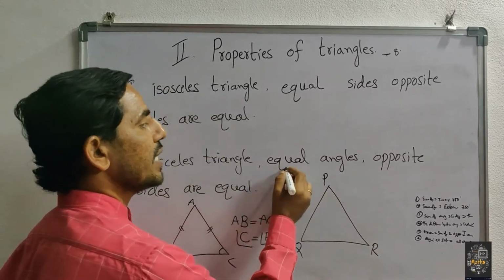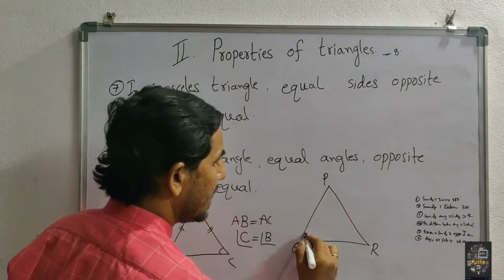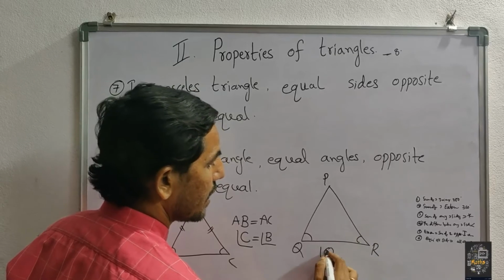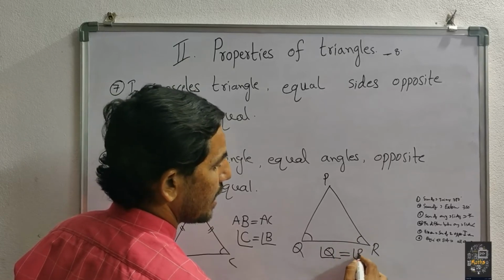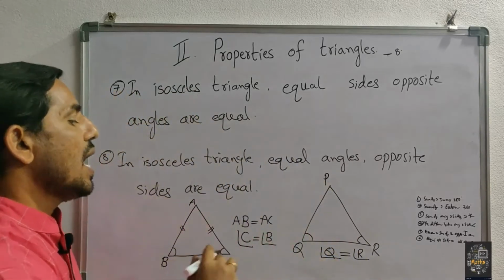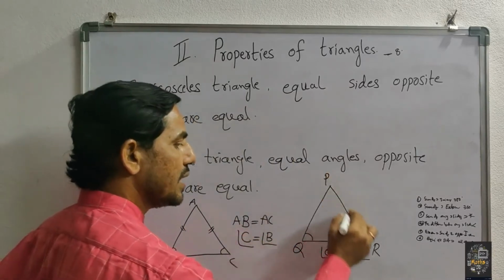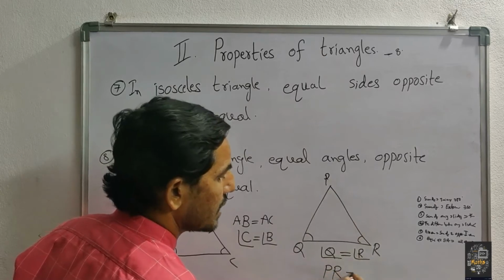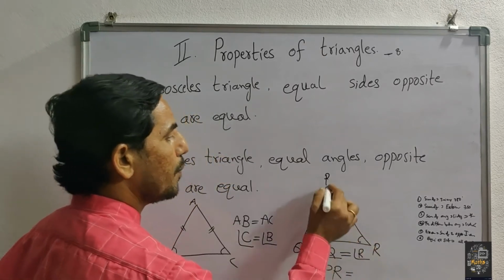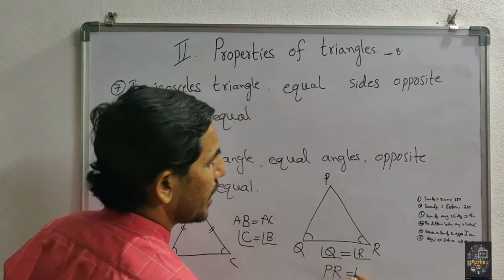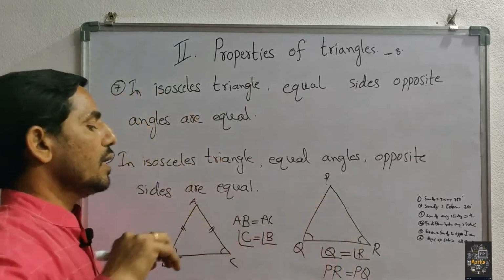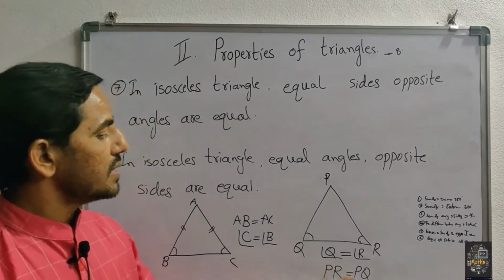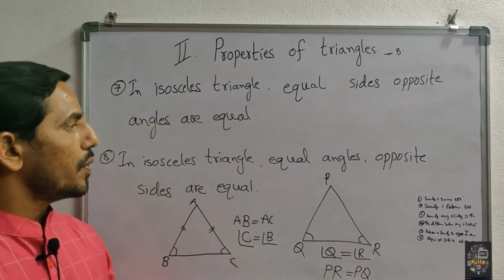First of all here equal angles: angle Q is equal to angle R. Angle Q opposite side is PR, and angle R opposite side is PQ. So PQ is equal to PR.